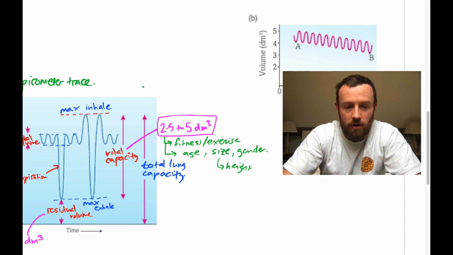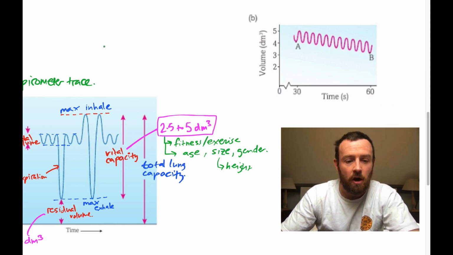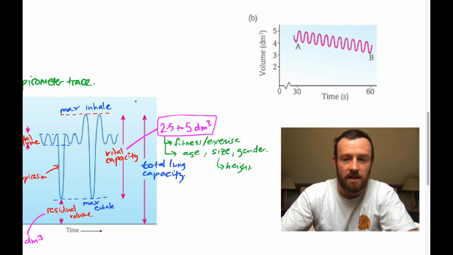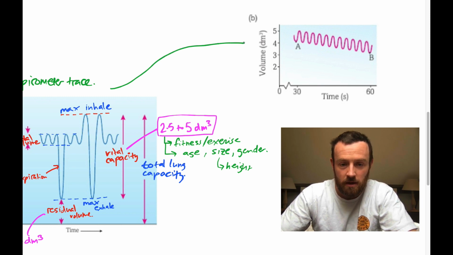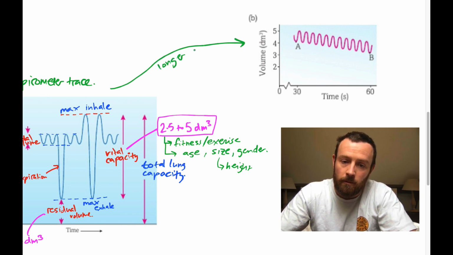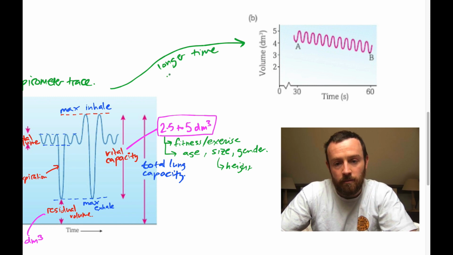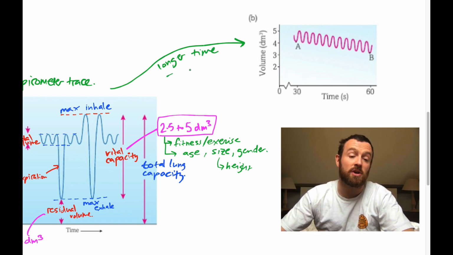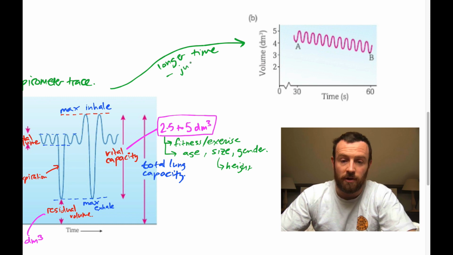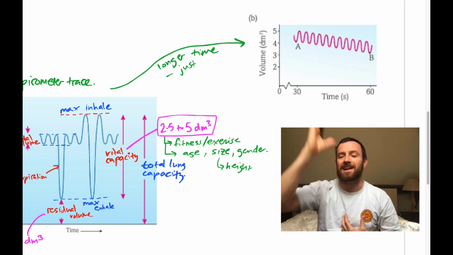And the other thing we can do using a spirometer trace over a longer period of time is measure the rate of oxygen uptake. So this is the same thing, okay, but it's longer time, and you're getting your person just to kind of do their normal tidal volume. Okay, so you're not asking the person to max inhale, max exhale.